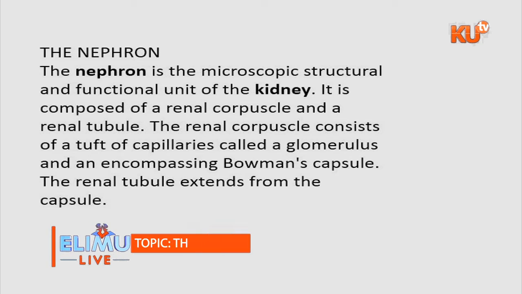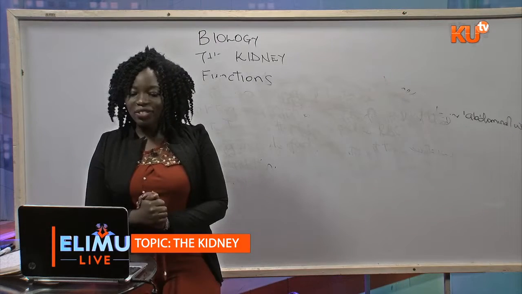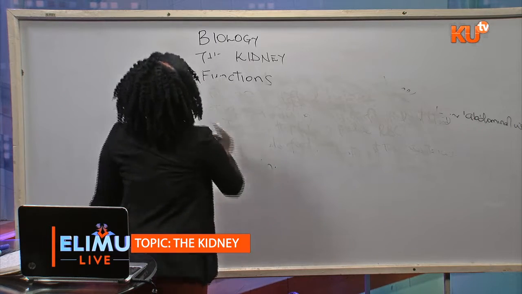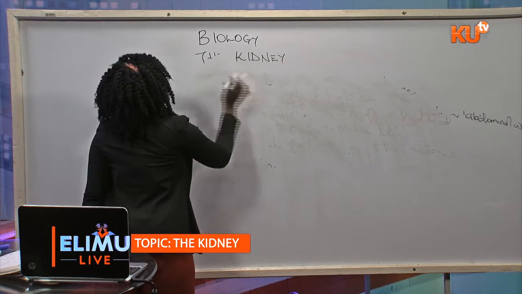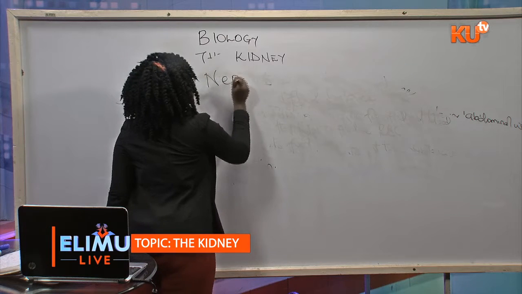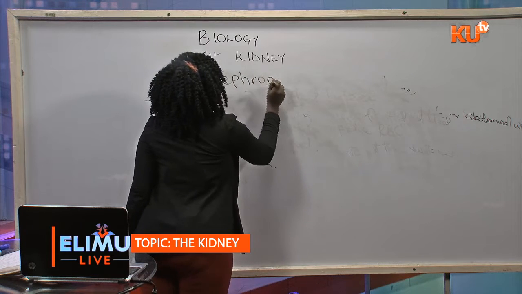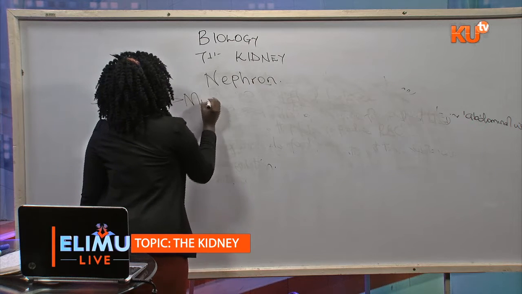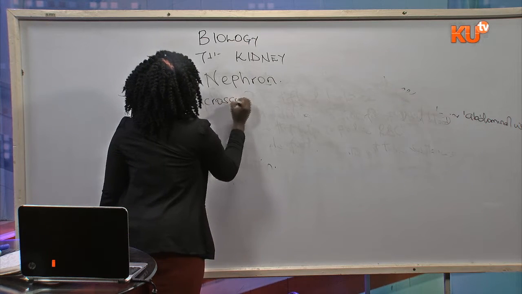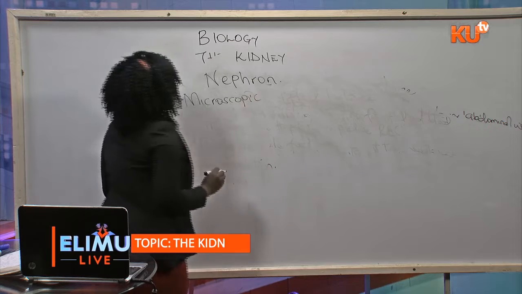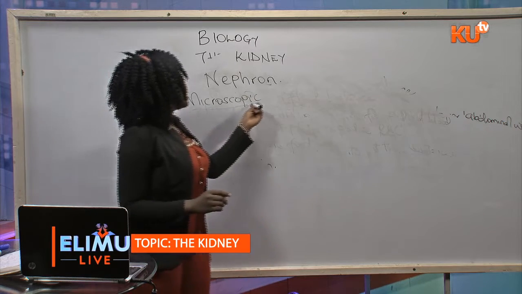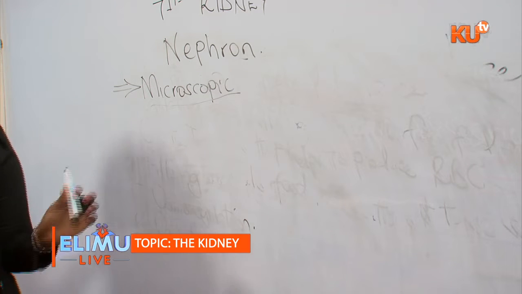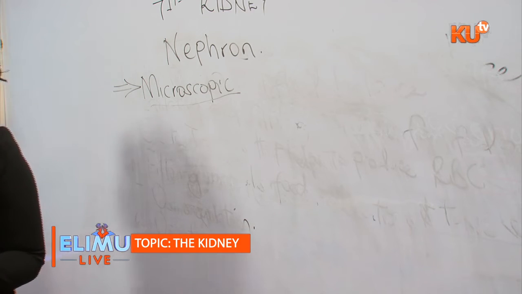The nephron is a microscopic, structural, and functional unit of the kidney. When we say microscopic, it means that they are very tiny. They can only be viewed through the microscope. They cannot be seen by our naked eyes.